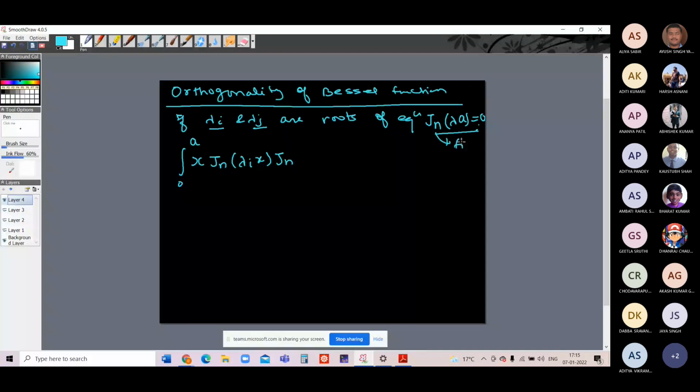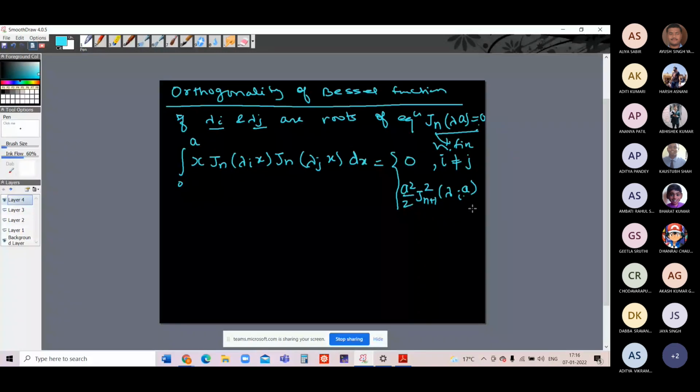It will be 0 if i is not equal to j. And its value is a square by 2 Jn plus 1 lambda i a, sorry, Jn plus 1 square.